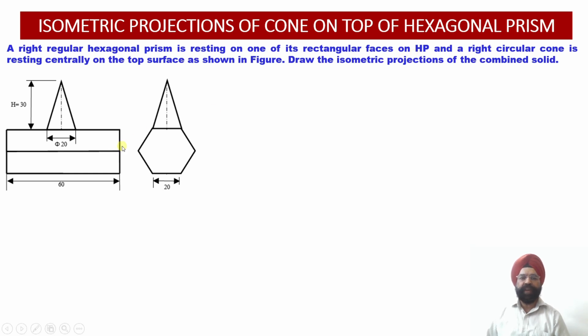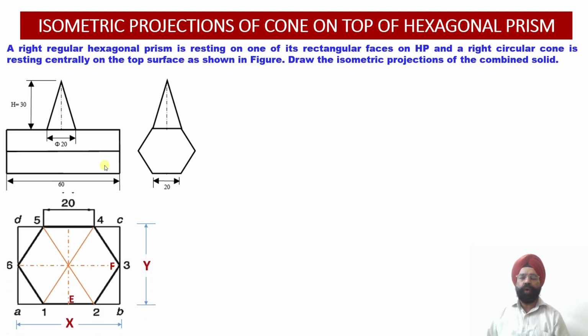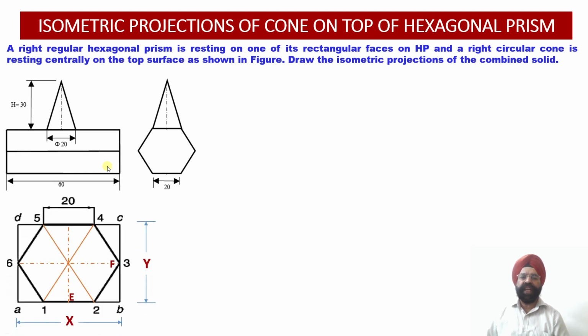So first of all, we'll be starting with the construction of the hexagonal prism on the ground, resting on one of its rectangular faces. Now in order to draw the hexagonal prism, step number 1, we have to draw the geometric construction of the hexagon in its true shape, and this is the hexagon that we are going to obtain.